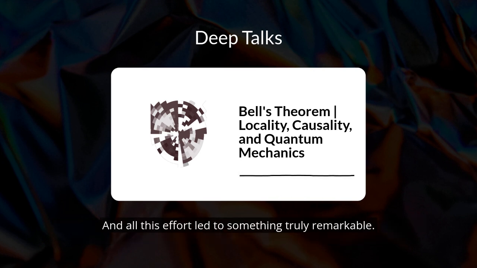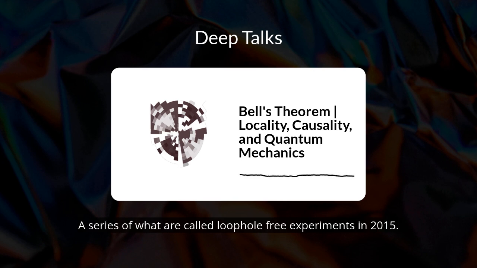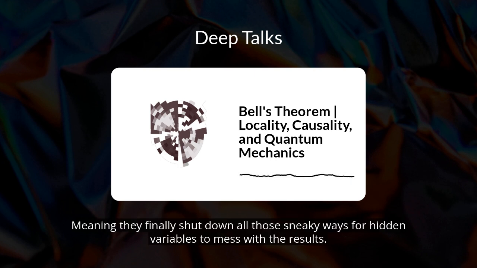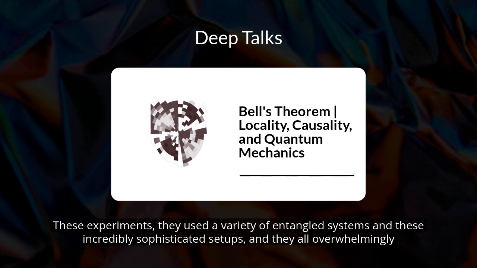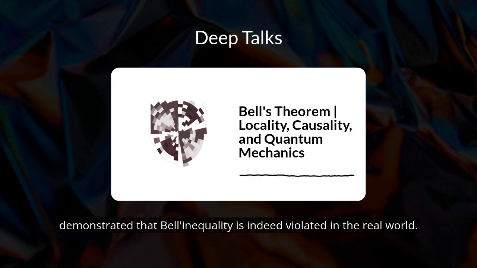And all this effort led to something truly remarkable, a series of what are called loophole-free experiments in 2015. Loophole-free, meaning they finally shut down all those sneaky ways for hidden variables to mess with the results. Exactly. These experiments used a variety of entangled systems and incredibly sophisticated setups, and they all overwhelmingly demonstrated that Bell's inequality is indeed violated in the real world.